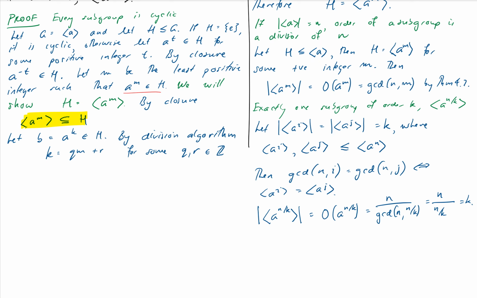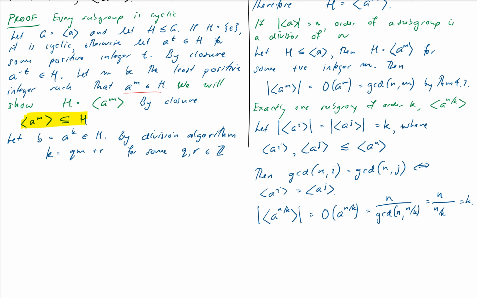Okay, so we showed that if there were two subgroups of order k, they have to be the same thing, and then we calculated the order of the cyclic subgroup generated by a to the n over k, and showed that that is the one that has order of k. Alright, so that's the fundamental theorem of cyclic subgroups.